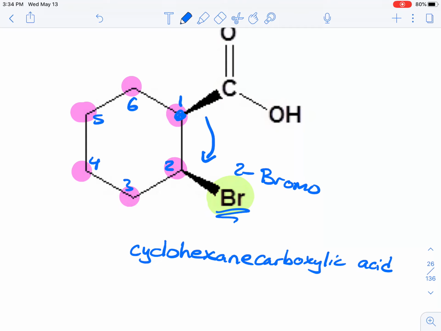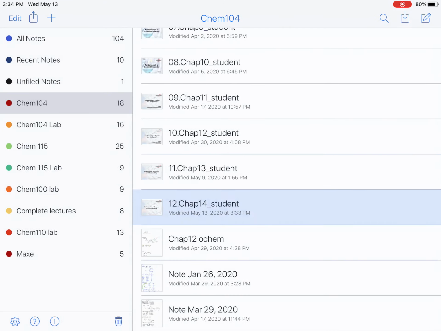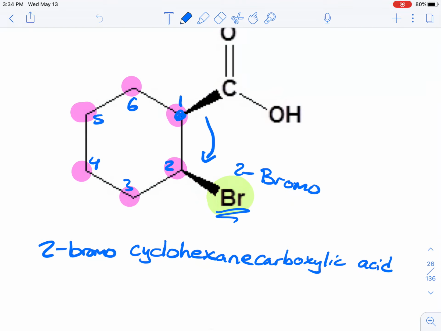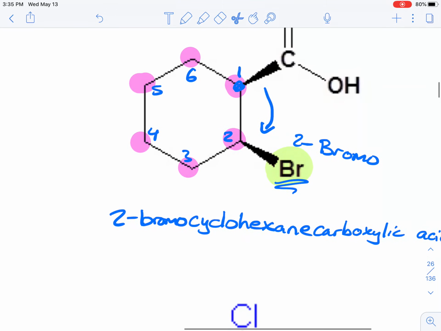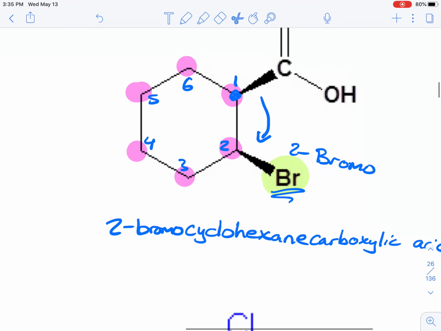So our answer is going to be 2-bromocyclohexane carboxylic acid. Since we are ending our substituent with a letter, we're going to go ahead and put all of them together.